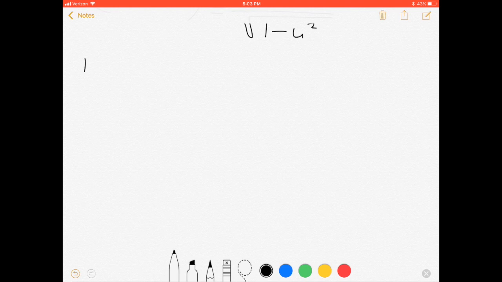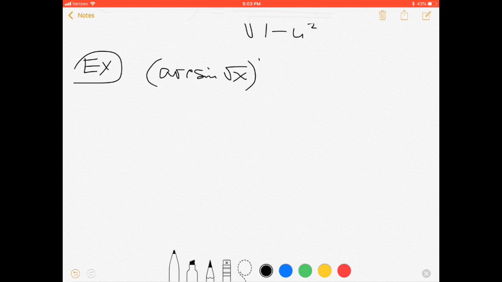Okay, doing some examples. How can I find the derivative of arcsine of square root of x? The denominator will be square root of 1 minus the square of what we have inside arcsine.